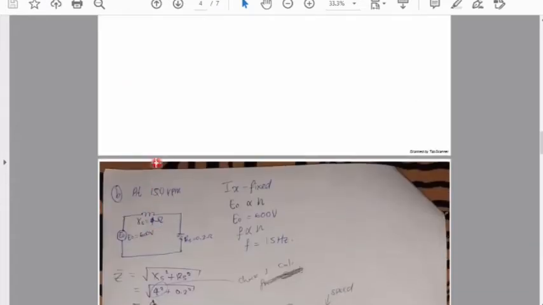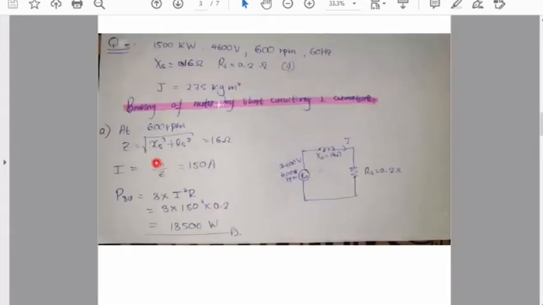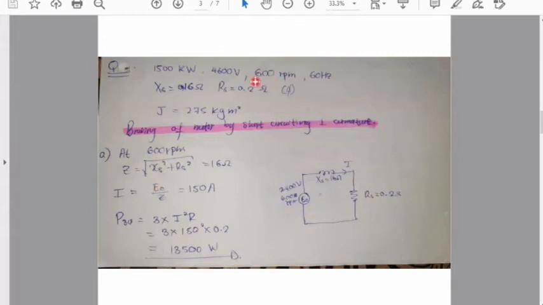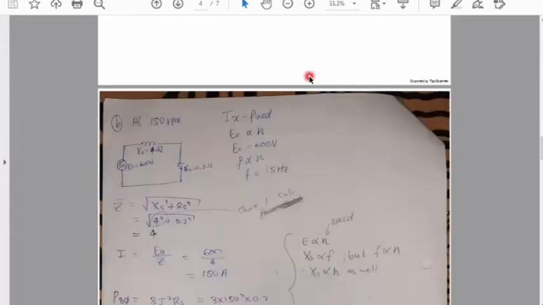What happens is that your speed was 600 RPM here, and now in this question it's 150. What does that mean? It means that the speed in question A was 4 times greater than in B. You agree? 4 times 150 is 600.